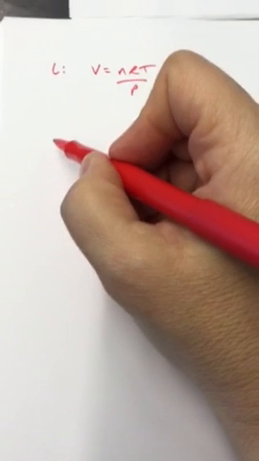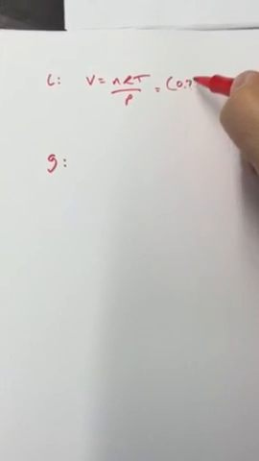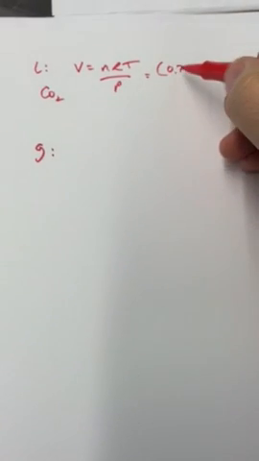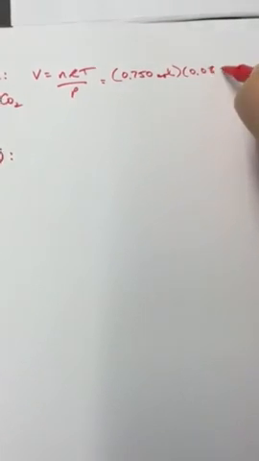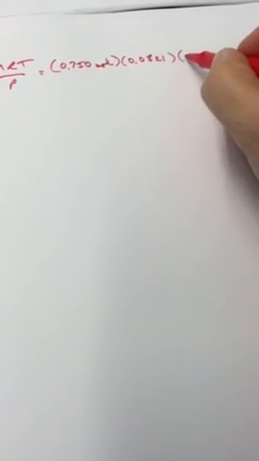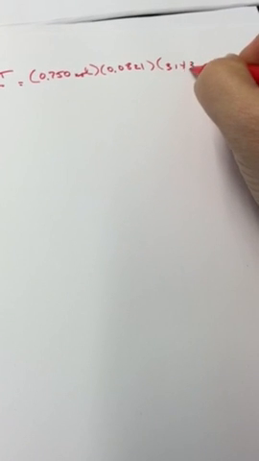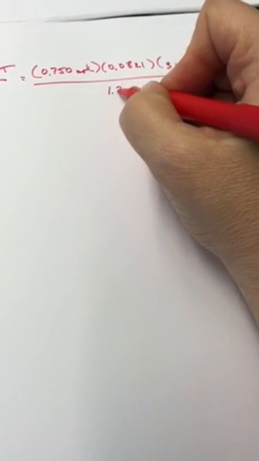Okay, so for carbon dioxide, we want to do liters. So liters we're going to get from V equals nRT over P. And for grams, we're going to use the molar mass. So remember, the number of moles of carbon dioxide is 0.750 mole times the gas constant times temperature, 3143.15 Kelvin, divided by pressure, 1.24 atmosphere.